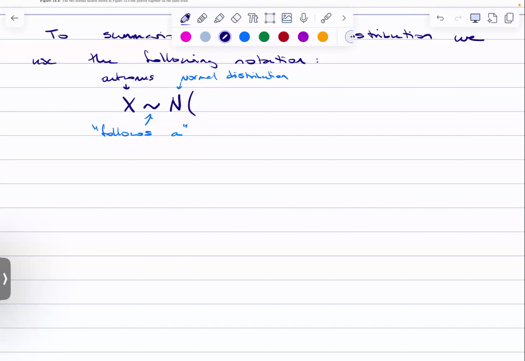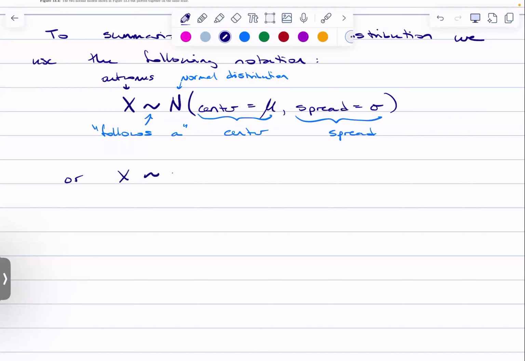And to fully describe this normal distribution, we had to have the center and the spread as well, right? And so with a center equal to mu and a spread, so comma spread equal to sigma. Or more concisely, right? Center and spread, or X follows a normal distribution, mu sigma.